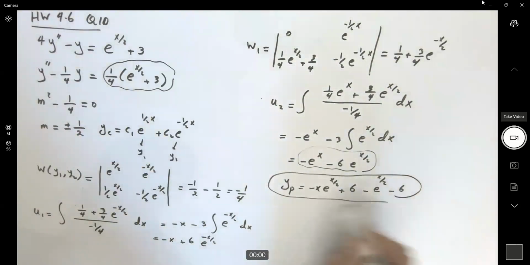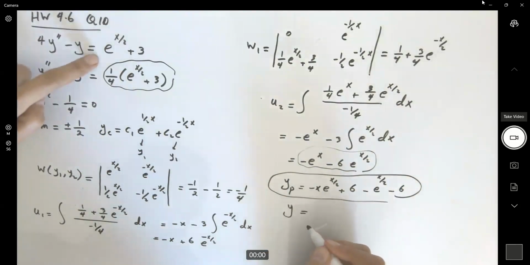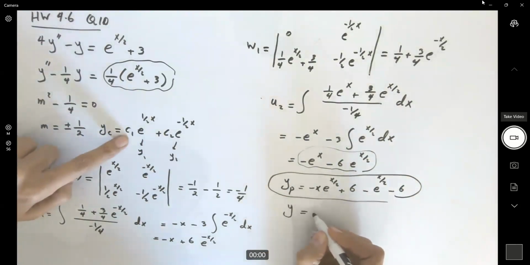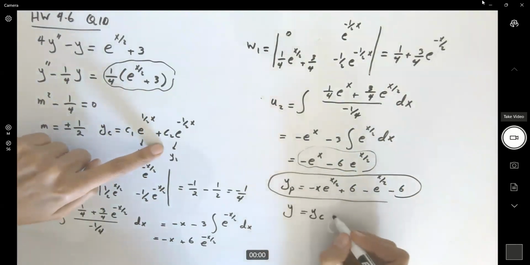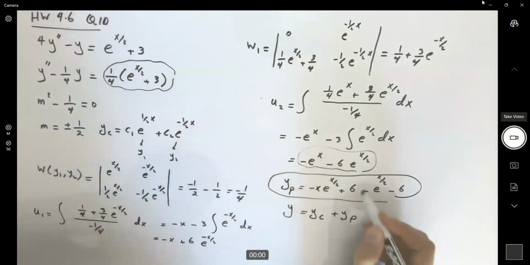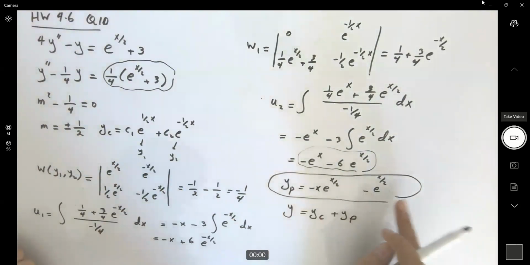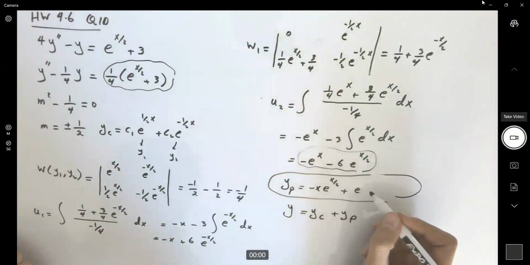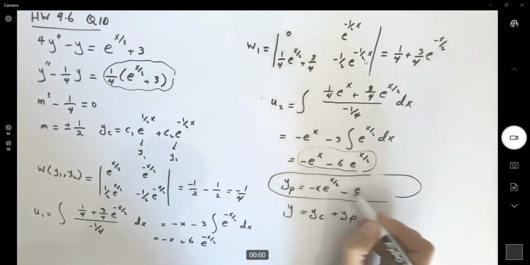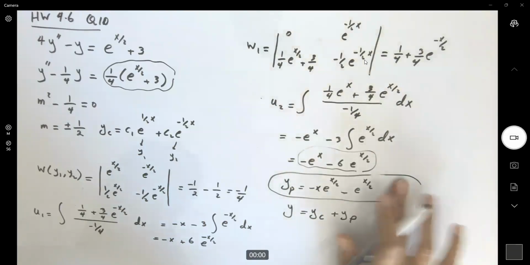Now that we found yp, the general solution for this differential equation is yc, which is c1 e to the power a half x plus c2 e to the power negative a half x, plus yp. And remember that we can cancel these out and simplify this in the nicest form possible. Minus e to the power x over 2 is our particular solution.